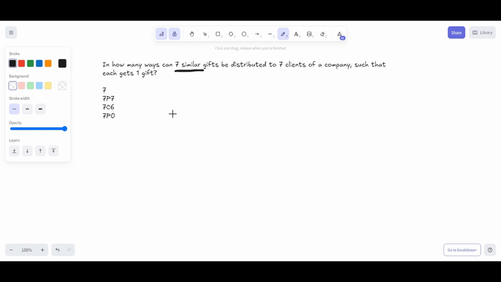Since the gifts and the clients are both indistinguishable, the problem simplifies to distributing 7 identical gifts to 7 identical clients such that each client receives exactly 1 gift. So there is only one way to do this, and the answer therefore becomes 7P0. So this becomes our right answer.